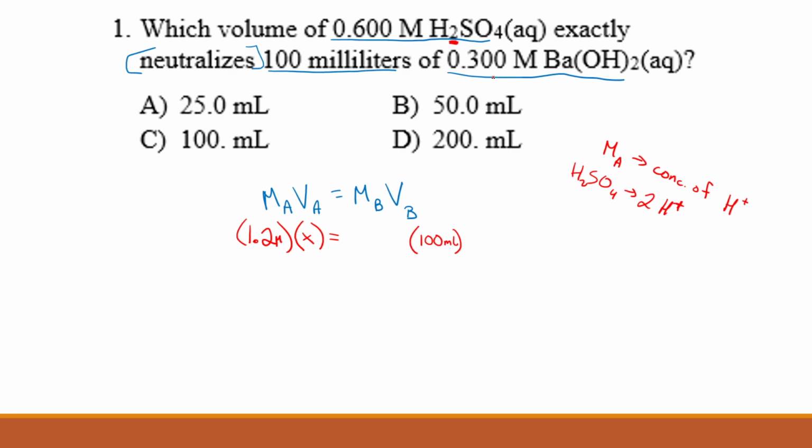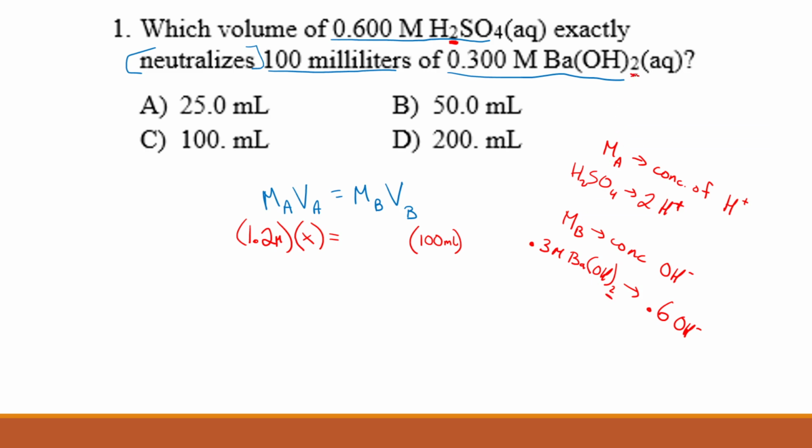Again, we need to double this number because the molarity of base is the concentration of OH minus, and they gave me 0.3 molar barium hydroxide, which is going to give me 2 OHs for every single barium hydroxide I have. So if I have 0.3 of these, I'm going to get 0.6 OH minuses. Right? Because again, it's doubled.